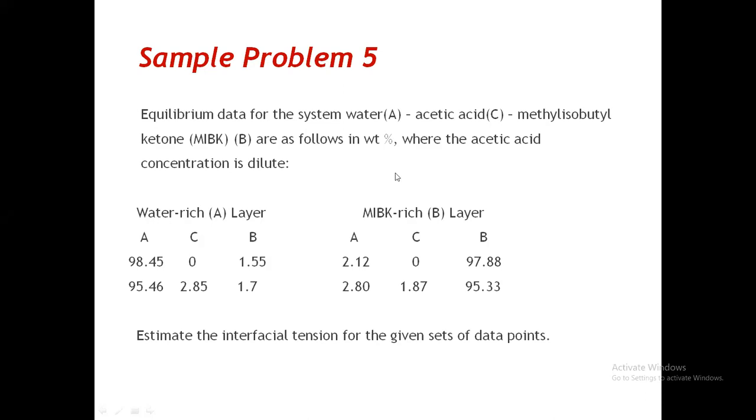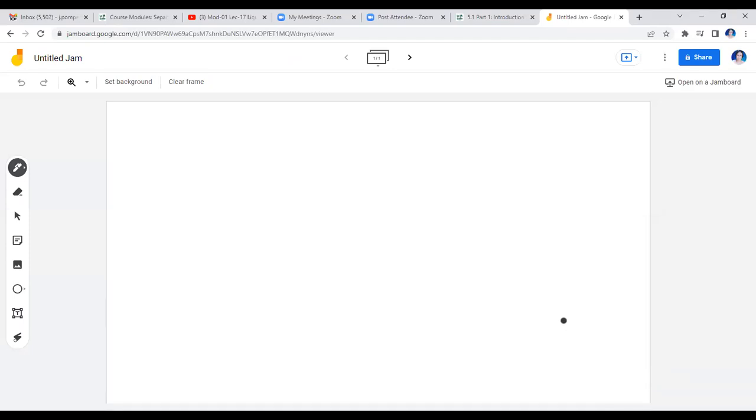So I'll go to our Jamboard now, and determine the X sub B. So remember that this is mole fraction. You could see that I wrote here BA. So meaning you're going to use the first three sets of columns, because what I wrote here is determining the composition of B in the A layer.